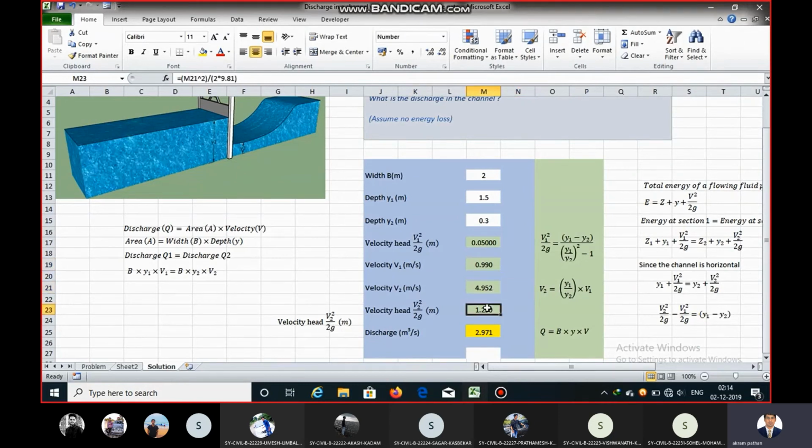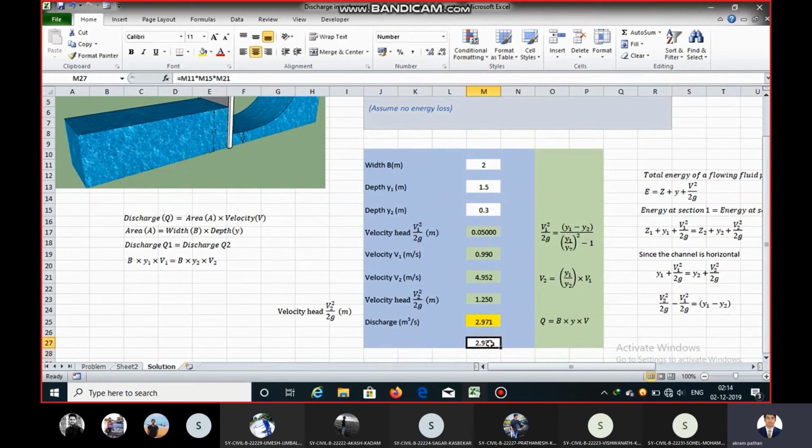Then you can also develop a formula for the minimum specific energy, critical velocity, then critical depth, and for the theoretical discharge also, which we calculated manually. With the help of this simple Excel sheet program, you can calculate all these things very easily.